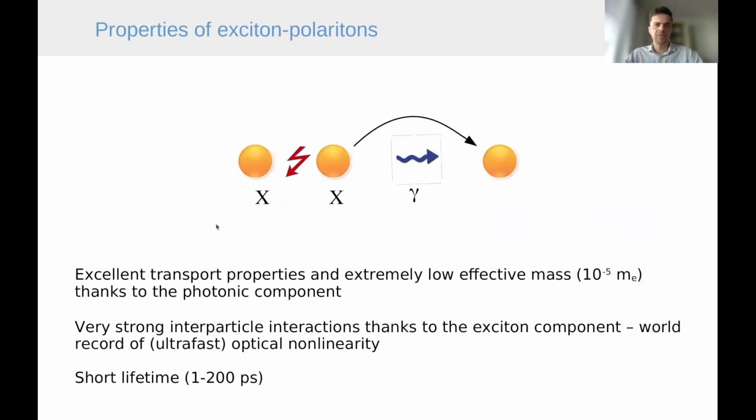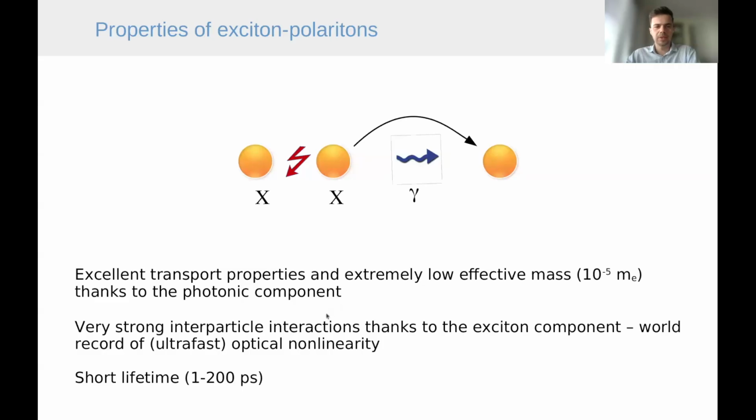What are the properties of polaritons? Well, polaritons have very interesting properties because they mix the properties of light and matter. They have excellent transport properties and extremely low effective mass, which can be 10 to the minus 5 of the mass of an electron, thanks to this photonic component.